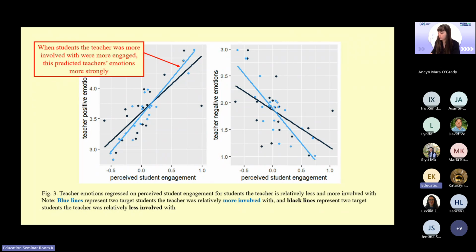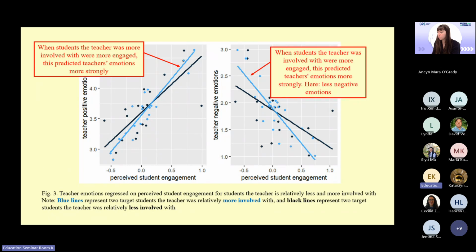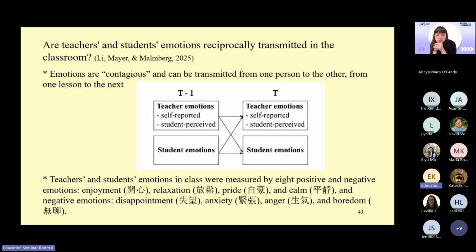When students the teacher was more involved with were more engaged, this predicted the teacher's emotions more strongly. And here, these are negative emotions, so it's a steeper downward trend for that pattern. So the reasons for the teacher's emotions differ according to which students they are dealing with. That makes sense? Okay.